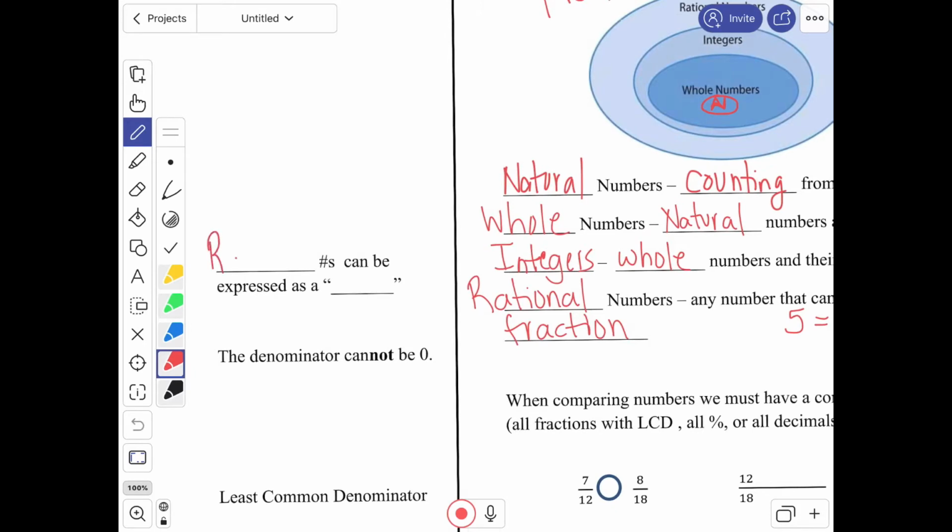So rational numbers can be expressed as a ratio. And a ratio is some number to some other number. And remember, the denominator can never be 0.